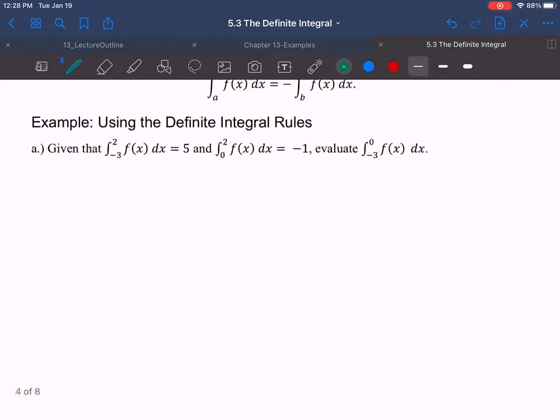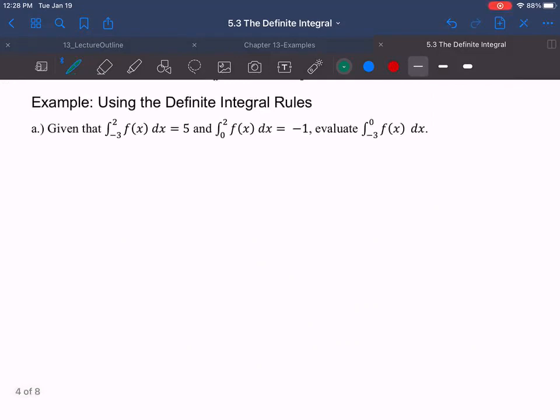All right. So let's use some of those rules to see if we can do this one. Given that the integral of f of x dx from -3 to 2 equals 5, and from 0 to 2 equals -1, evaluate from -3 up to 0. We've got to figure out a way to do this. We can use a couple of these rules.